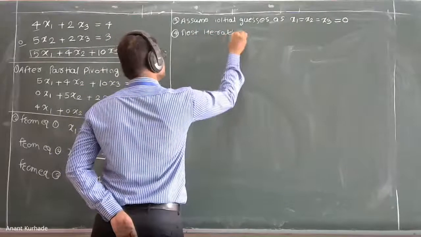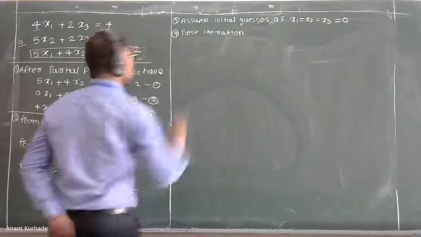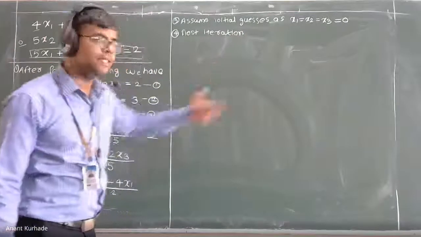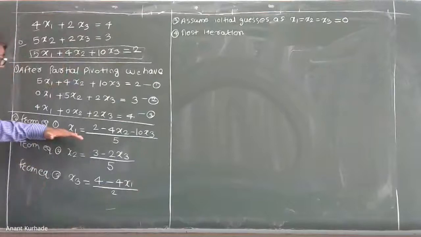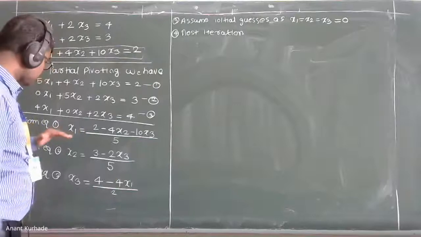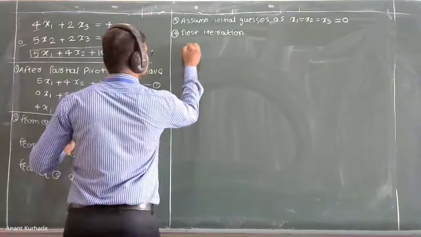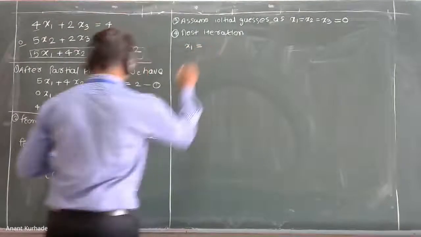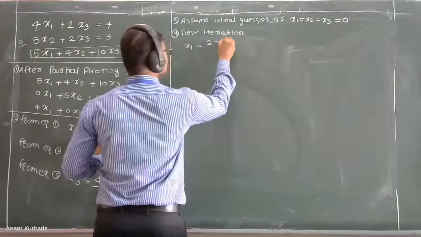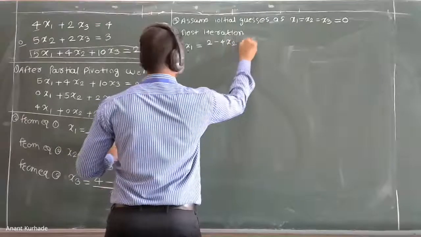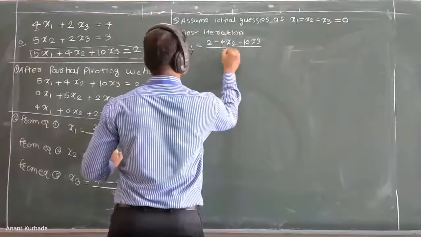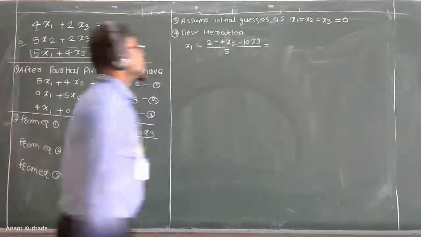First iteration. Okay. You have to show only the first iteration in detail, and the remaining are in tabular form. So you have to again rewrite these equations. Now x1 is equal to 2 minus 4x2 minus 10x3 divided by 5.